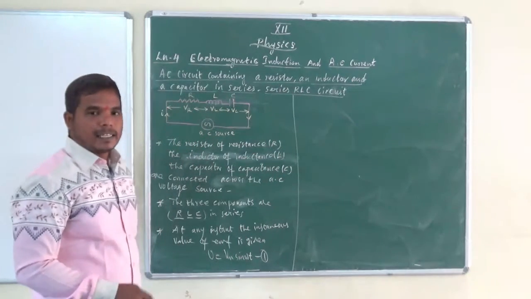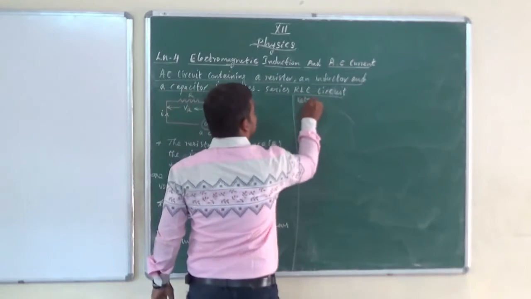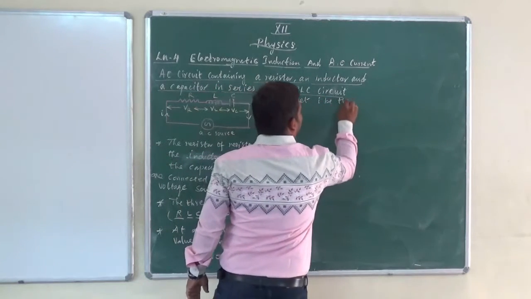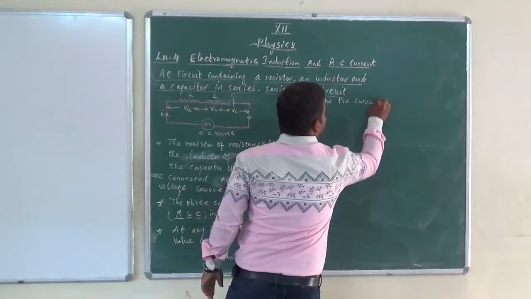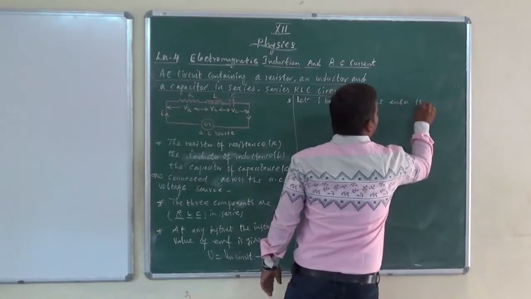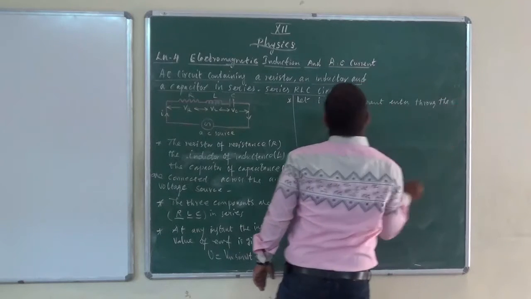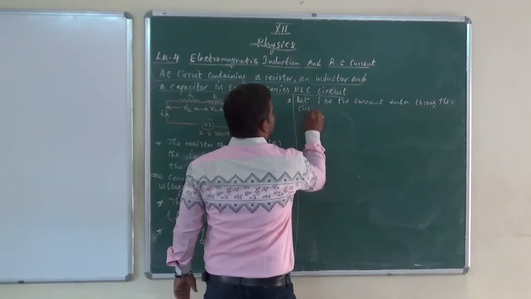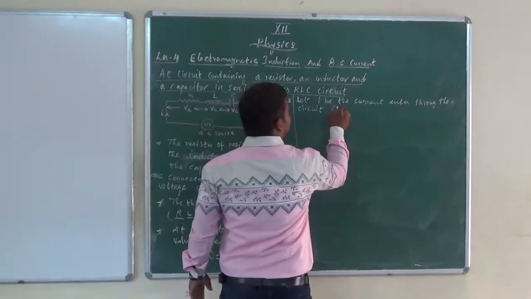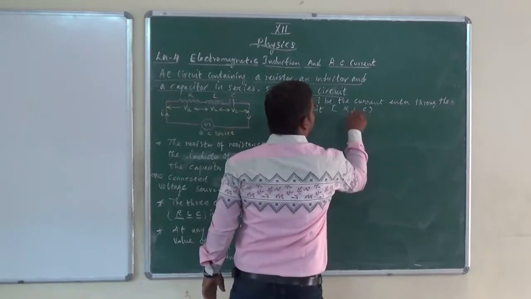let I be the current entering through the circuit. The circuit consists of a resistor, an inductor and a capacitor.